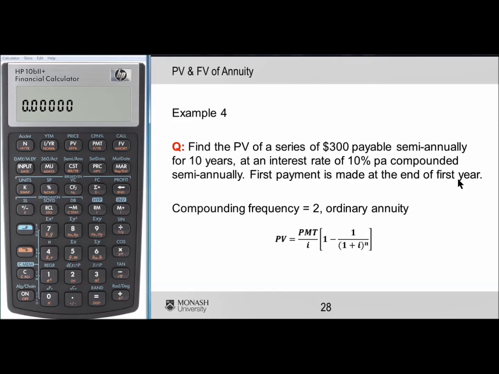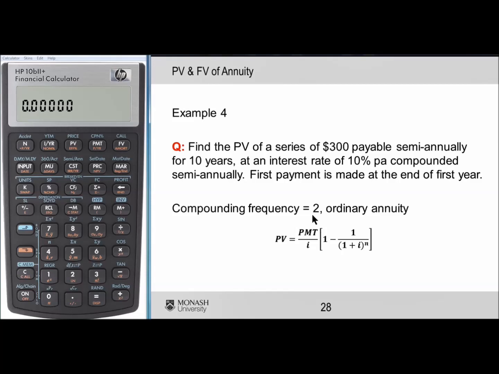First of all, let's note down some facts. This is an ordinary annuity because the first payment is made at the end of year 1. It says semi-annual payments are made and the interest is compounded semi-annually. So we can identify the compounding frequency M equals 2.